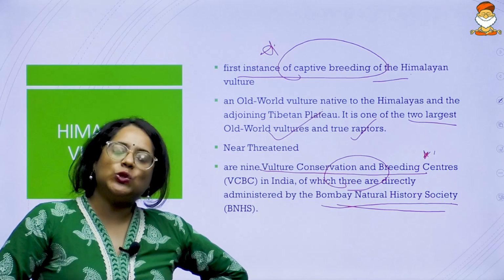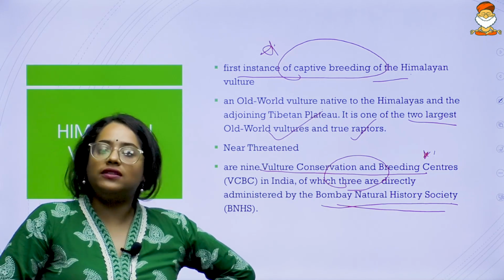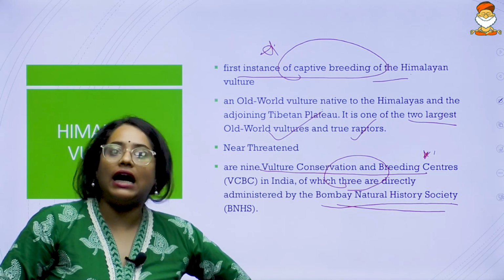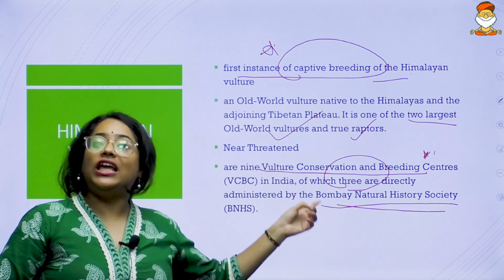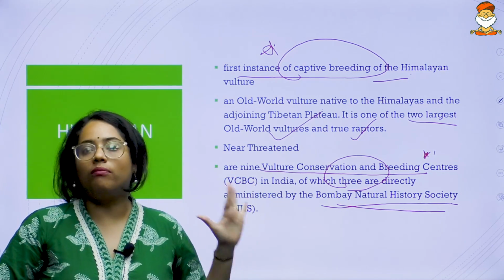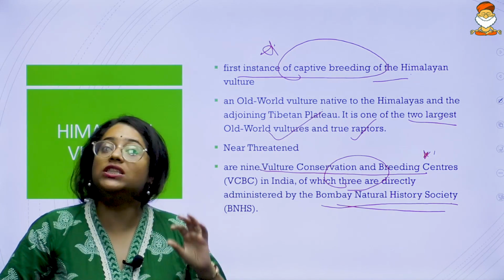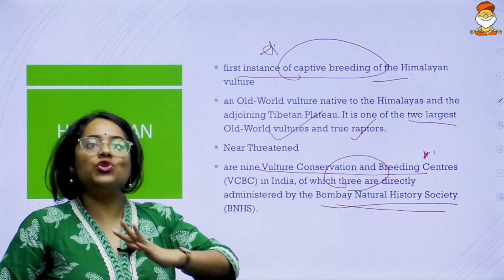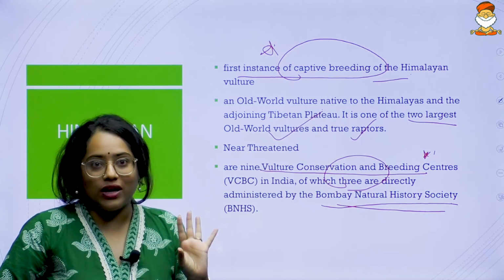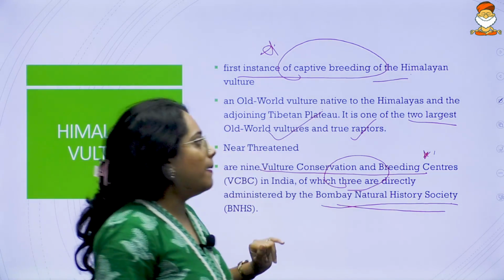I want you to understand that these centers are not entirely managed by the Ministry of Environment and Forest. 3 of them are managed by the Bombay Natural History Society, which is an autonomous organization, not a government body. So keep that in mind.